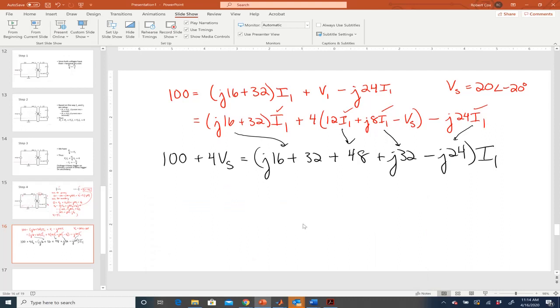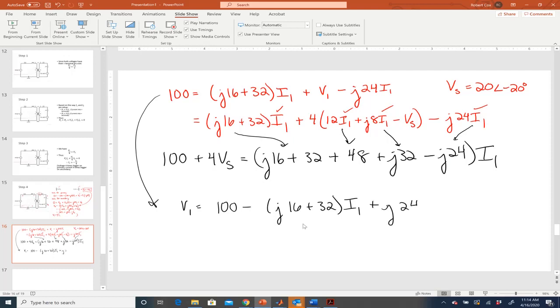Then if I want to figure out, let's say, everything else, the other thing I have to do is, if I go back to this original relationship, I can say, well, V1 has to be equal to 100 minus j16 plus 32 times whatever I1 is. Remember, if we solve for I1, we know what it is. Plus j24 I1.